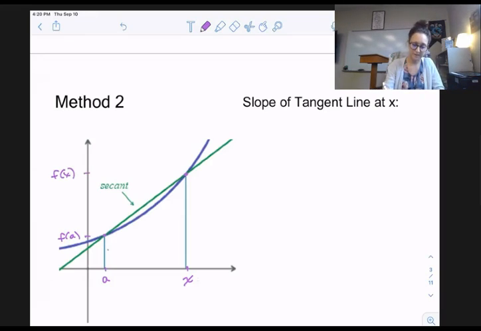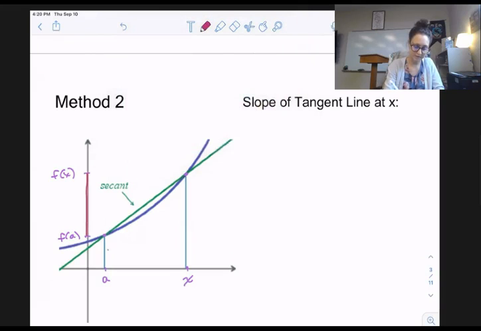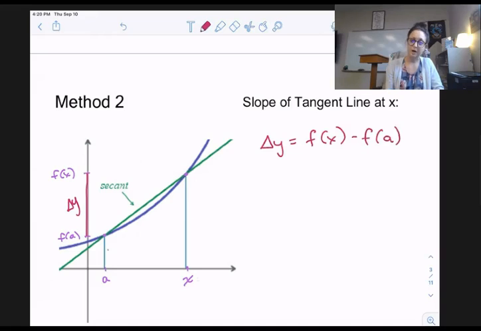So if I take my rise, or my change in y, I have that difference, right? So my change in y is my top y value minus my bottom y value. For example, if this were 5 and this were 3, the change would be 2, 5 minus 3, right?